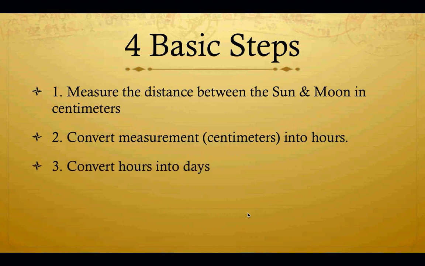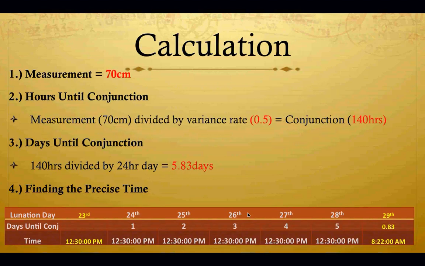And third, you convert the hours into days. Now, these three are really simple to do, as we'll show in a second, but I would say the hardest part for people, at first for everybody, is probably going to be this part right here: calculate the exact time of day. But we'll show how simple that is a bit later too.